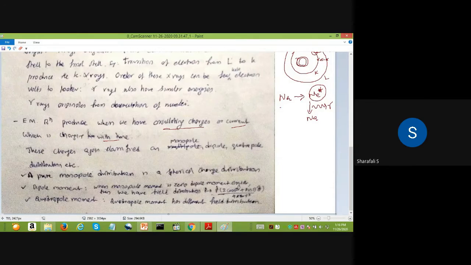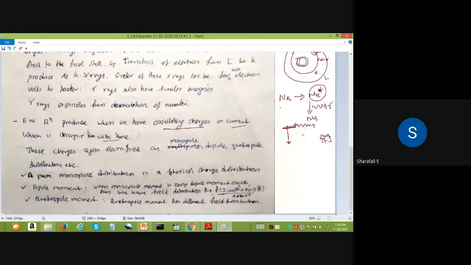In the case of an antenna, the dipole oscillations make the signal. I don't know whether you are familiar, but if you consider an antenna or tower, there will be dipoles or quadrupoles or multipoles in there. The charges oscillate, and that will produce electromagnetic radiation that will be received in your home.